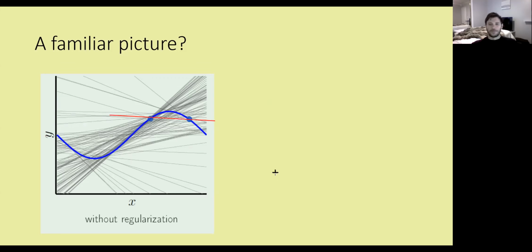Then we repeated that experiment many times. What you're seeing in gray in the left diagram is the shadow of all the different hypotheses we've generated from sampling just those two data points from that sine function.